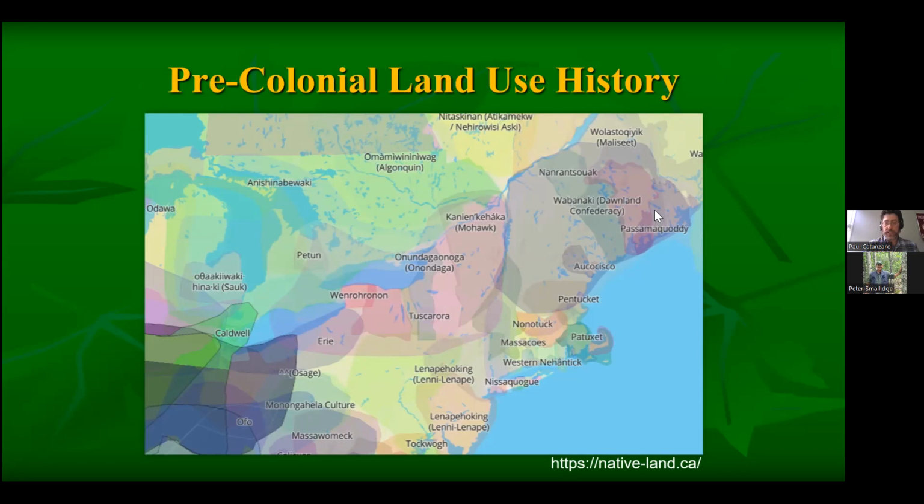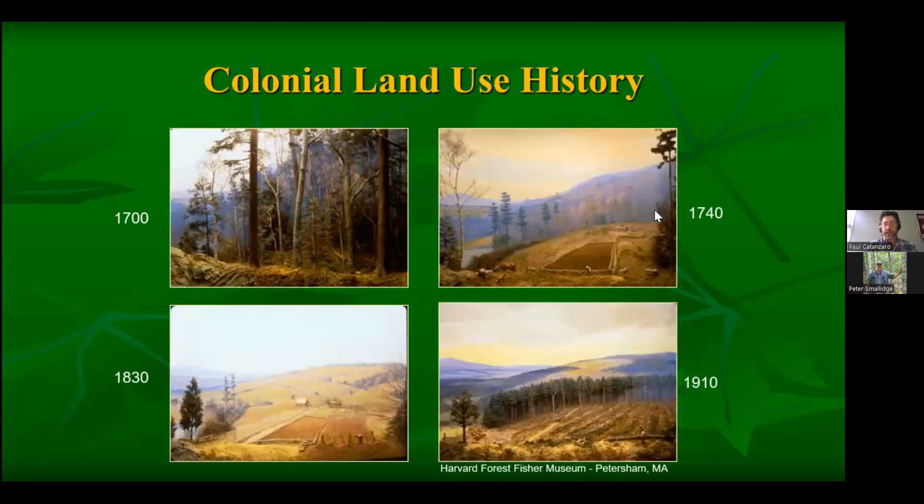And so it really isn't until we do get to this colonial period that we see really dramatic impacts on our forests that have really resulted in the forests that we have today. And so these are famous dioramas from Harvard Forest that show our forests, or an image of what our forests could have looked like, or probably looked like in 1700, largely in what we would call an old growth state.